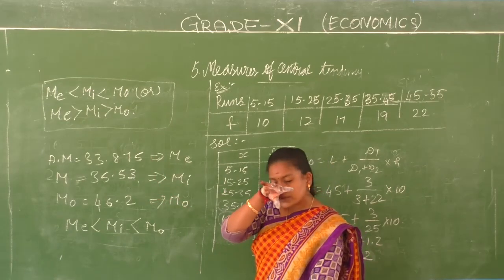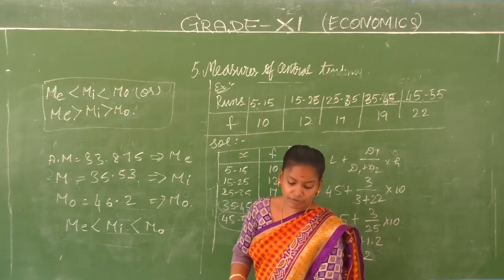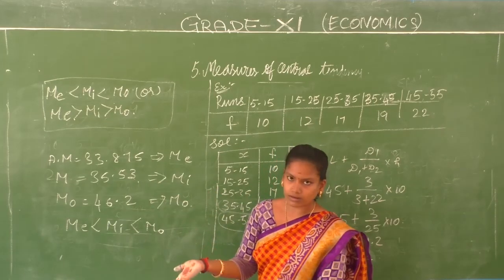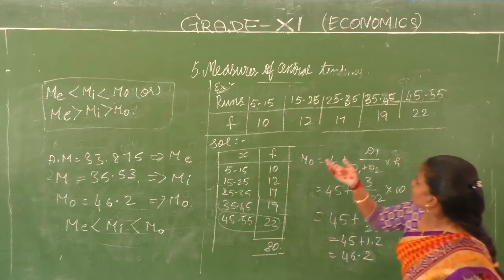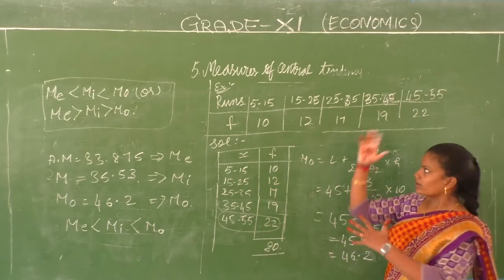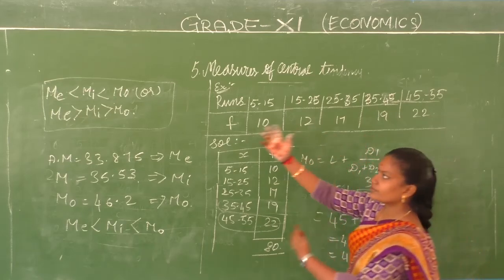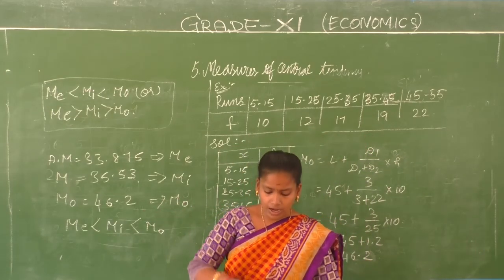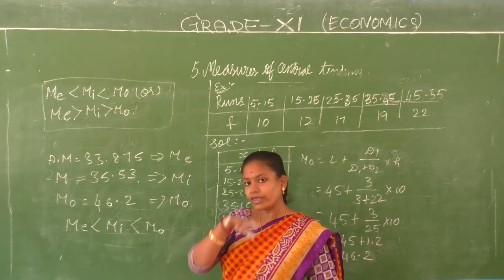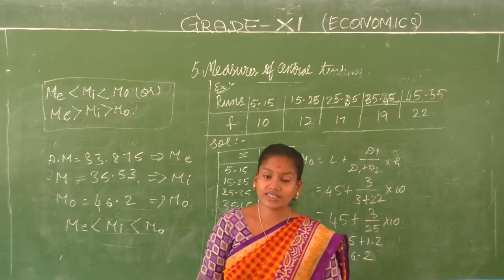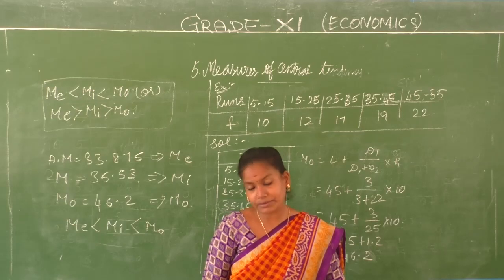And median is a better summary for data when we have extreme items at the corners. Here we see 22, a big difference from 10 to 50. So if it is 50, if it is 100, if it is 0, then the difference is huge. Mode is generally used for qualitative data. Right, children? So with this, the measures of central tendency chapter is over.